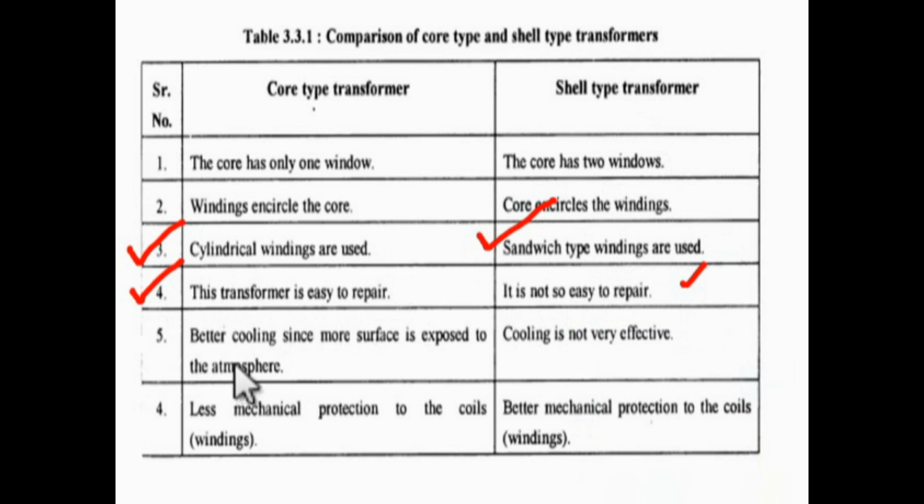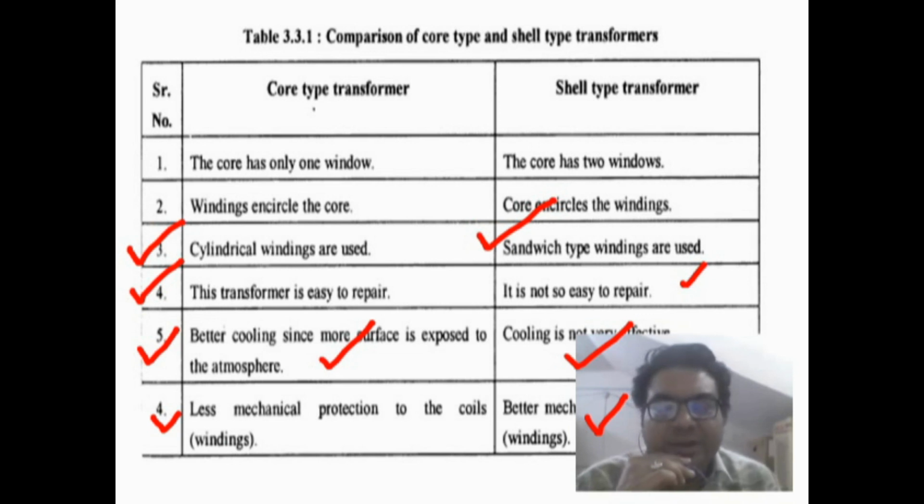Also the fifth point: better cooling, since more surface is exposed to the atmosphere, while in the shell type cooling is not very effective. Here there is less mechanical protection to the coils or windings, and here better mechanical protection to the coils or windings. So guys, these are some differences between core type transformer and shell type transformer.